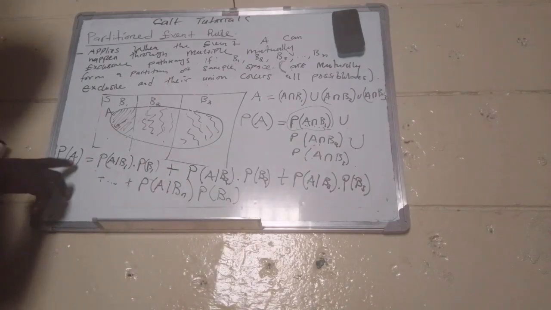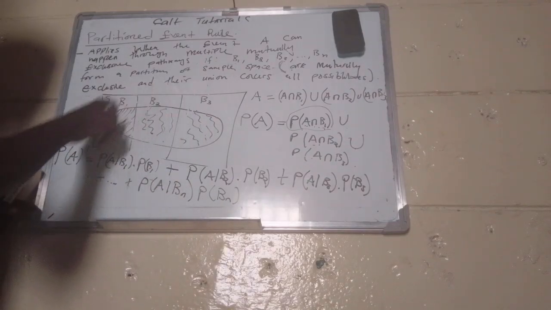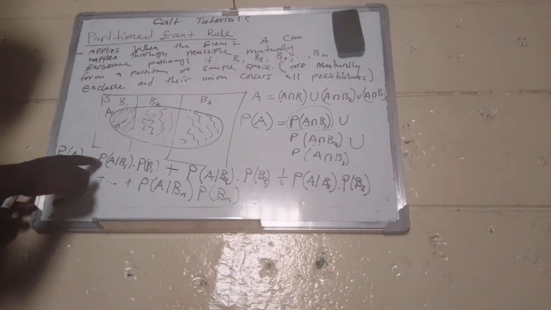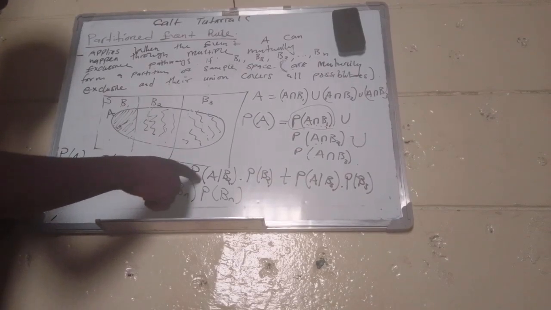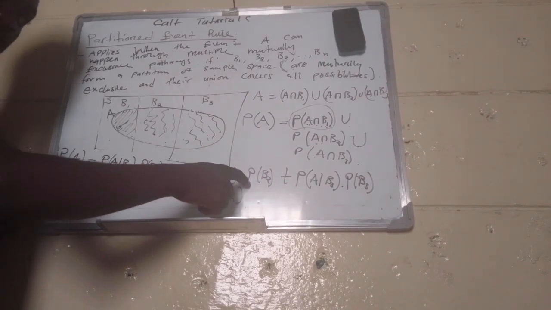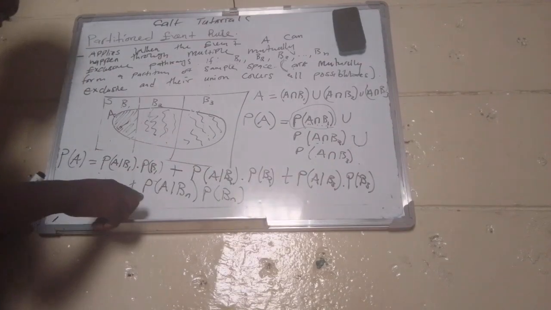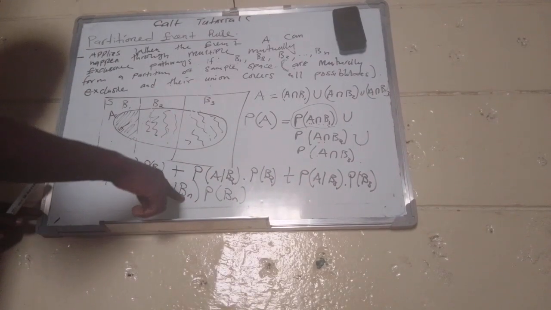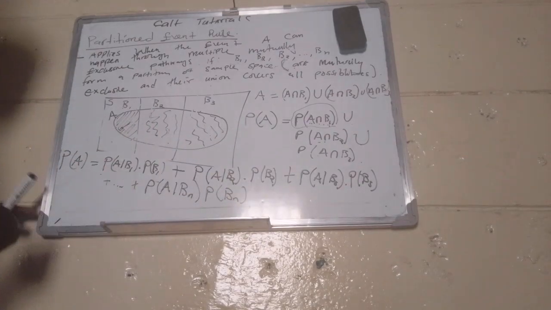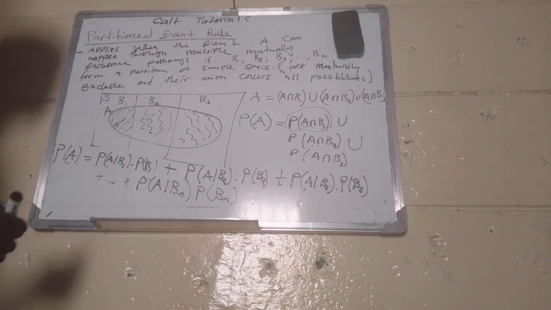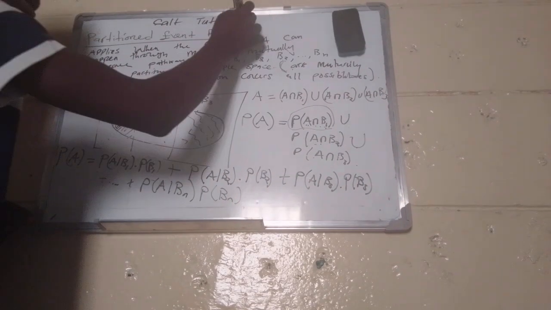So the probability of me having A is basically the probability of A given that it is in B1 multiplied by the probability of B1, plus the probability of A given B2 multiplied by B2, up until I reach the probability of A given Bn multiplied by Bn. This summation gives me what is known as the total probability.